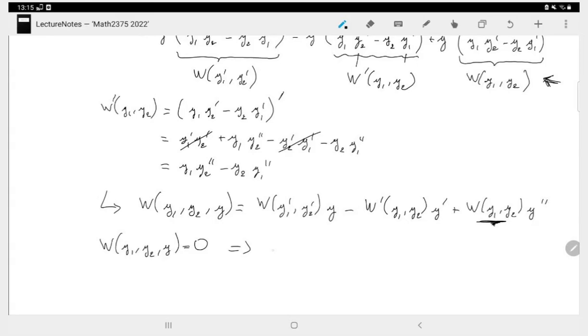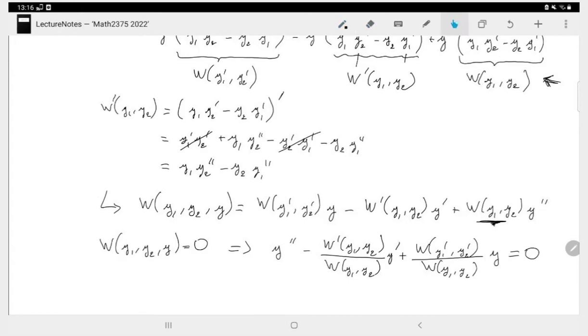minus W prime(y1, y2) divided by W(y1, y2), plus W(y1 prime, y2 prime) divided by W(y1, y2). And I forgot the y's, apologies for this. This is y prime times y equals 0.